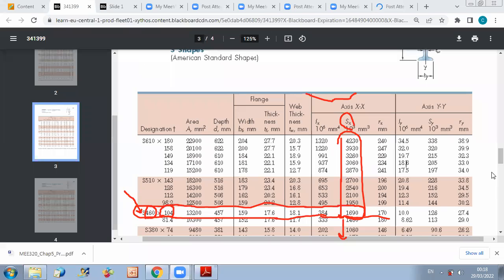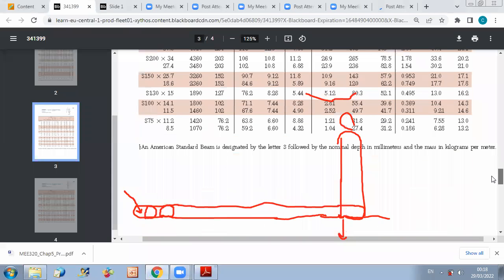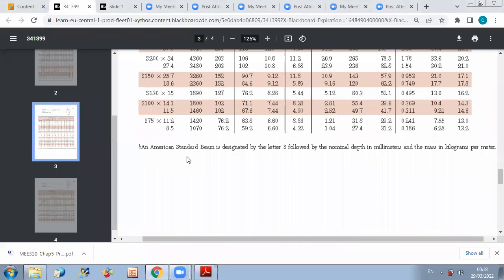You can check this always here. They will tell you how to name your beams. So according to American Standard Beam, we have letter S for the shape, followed by the nominal depth in millimeters and the mass in kilograms per meter.